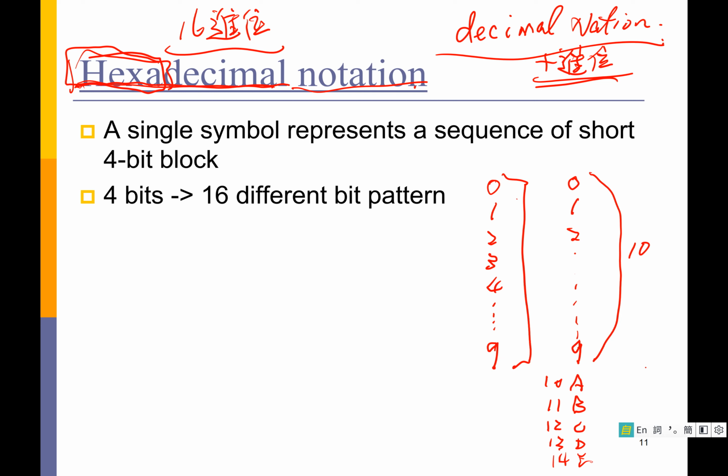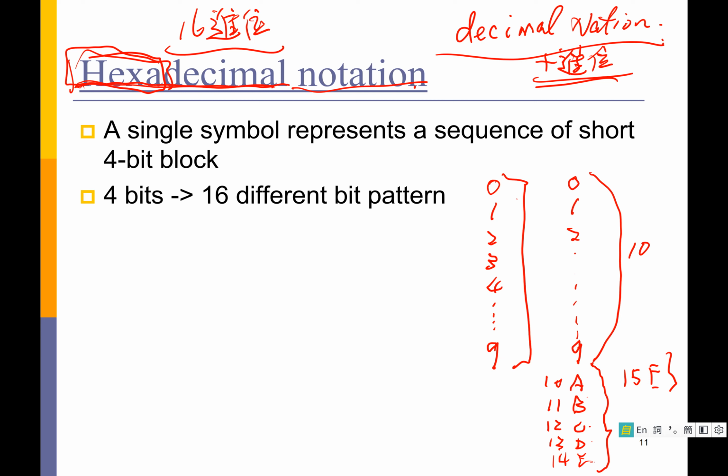Okay? And F is 15. So we have an additional 6 digits, and we use A, B, C, D, E, F.